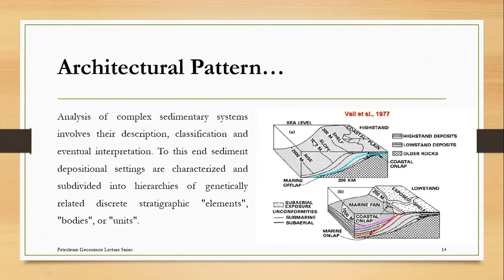imagine this diagram, see the sea level. So all these places are underwater, so the deposition is really taking place. You see those clinoforms I mentioned, see the way it is deposited. So imagine when the sea level falls. If the sea level falls, this place that was underwater is now exposed.